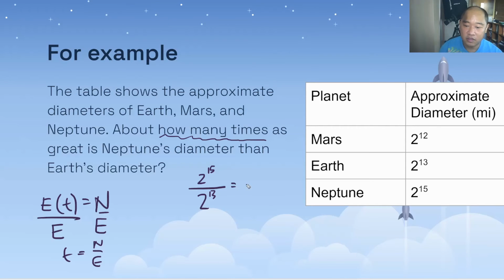So this is going to be 2 to the power of 2, right? And 2 to the power of 2 is the same thing as 4. So how many times greater is Neptune compared to Earth? 4 times as big or great, if we want to use the words that they use here. 4 times as great.